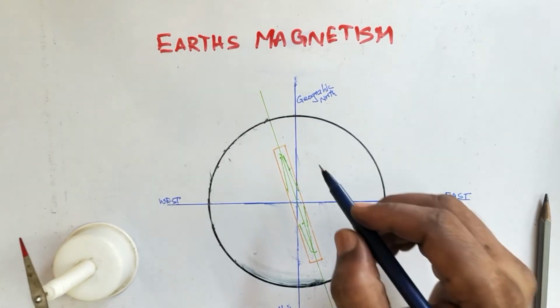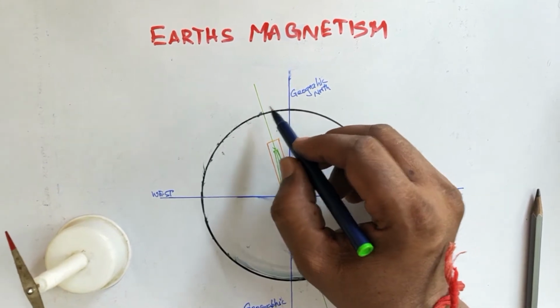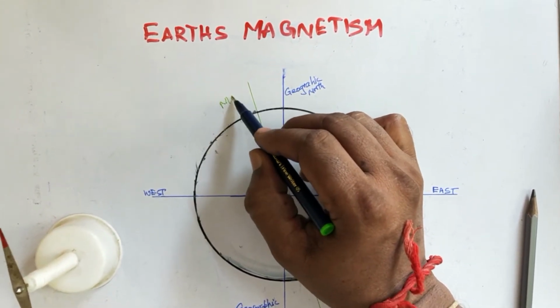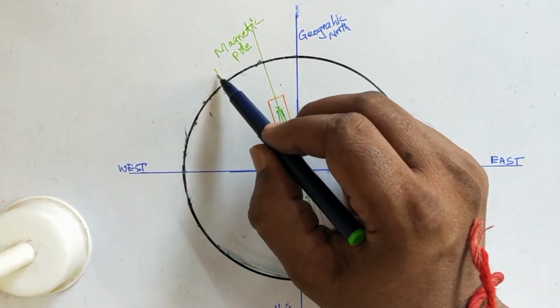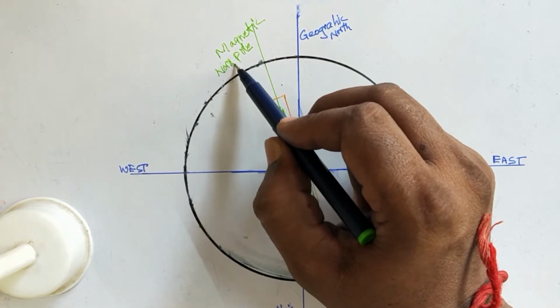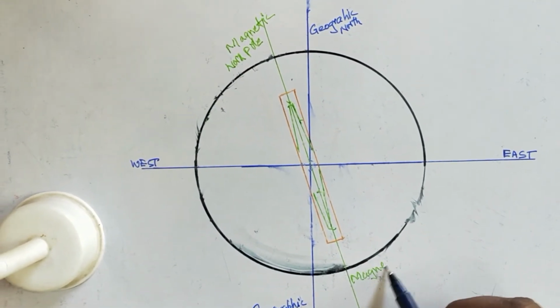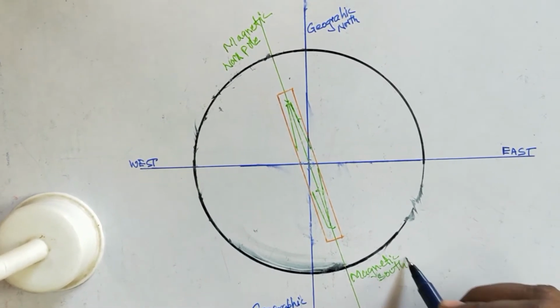So this line is called as what? This is the axial line. This is called the magnetic axis, or I will call this the magnetic north pole, and this is the magnetic south pole. Why am I calling this magnetic north and magnetic south pole?